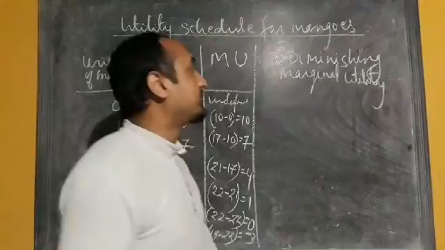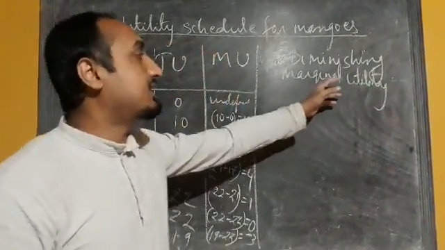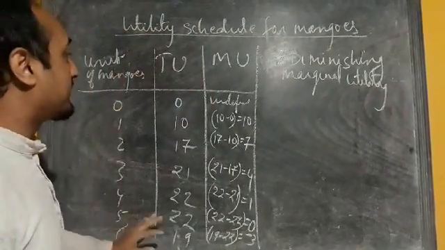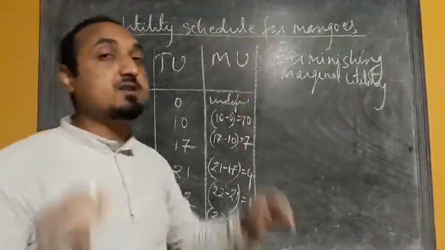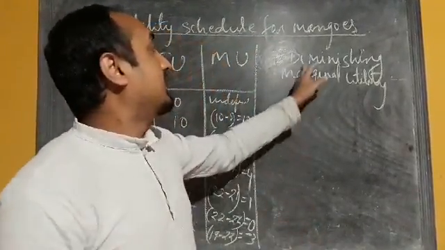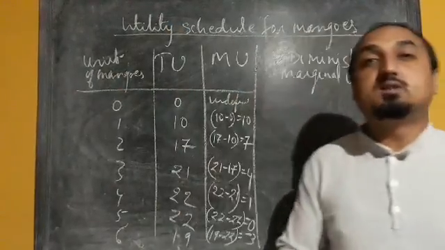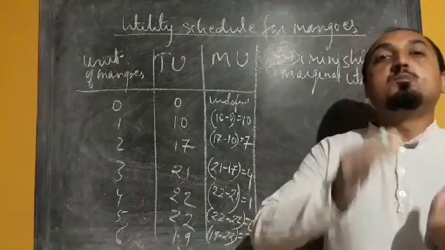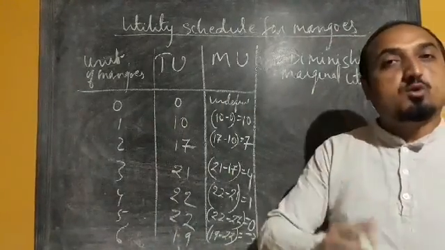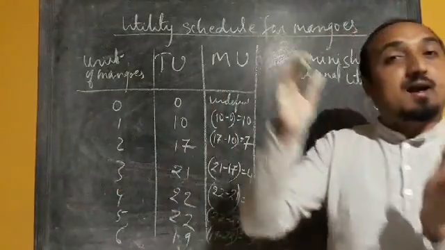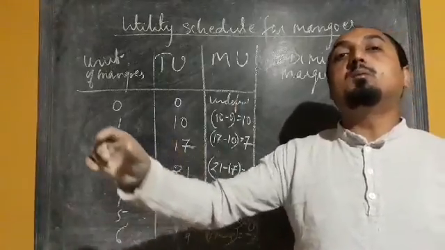Okay, so the next concept we have is diminishing marginal utility. In order to explain this diminishing marginal utility, this table is very important. That's why I will explain this concept from this given utility schedule for mangoes. Okay, let's start. Diminishing marginal utility states that when we consume more and more units of a commodity, each additional unit gives us a lesser and lesser level of satisfaction.